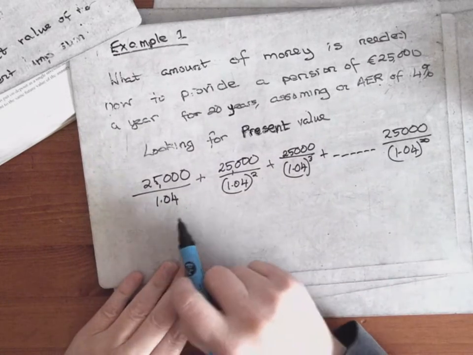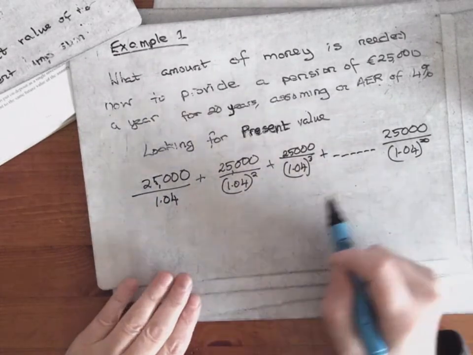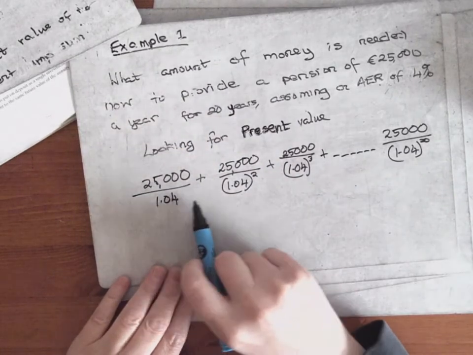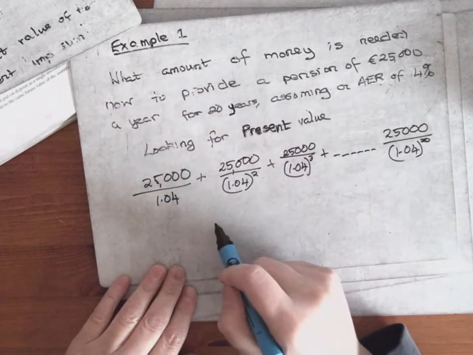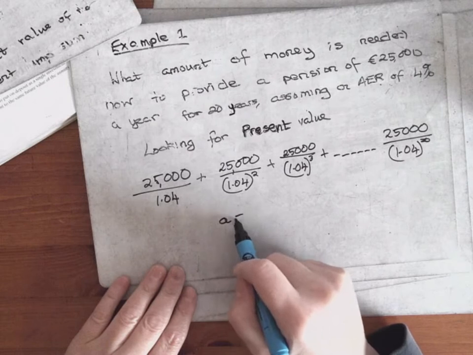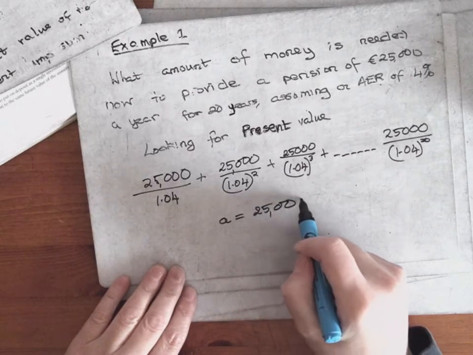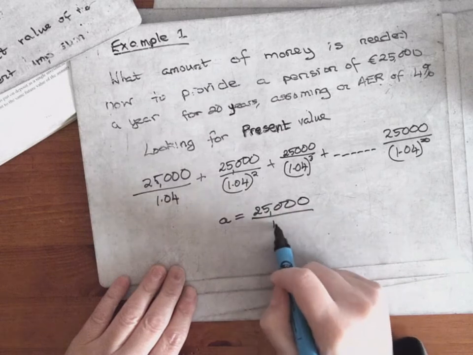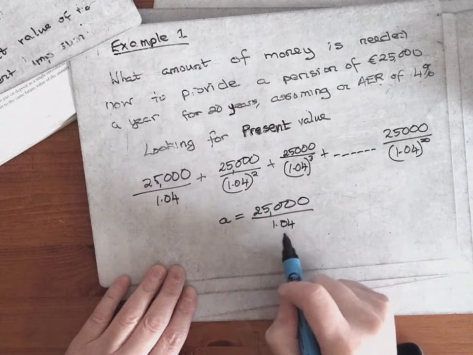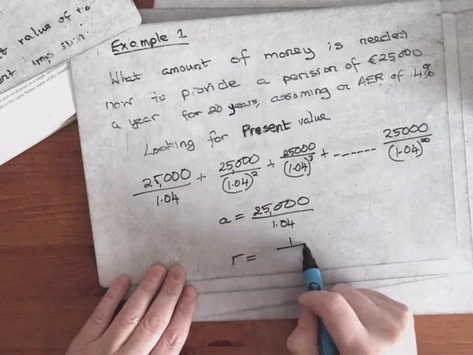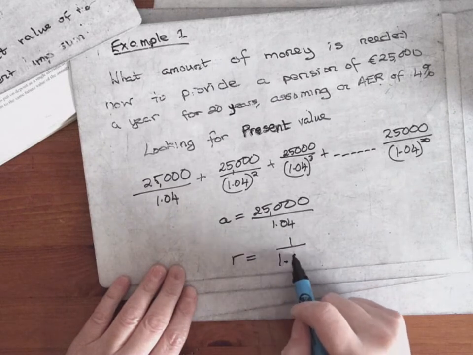Now this is a geometric series written forwards, because it's starting with the smallest up to the biggest. A is the first term, which is 25,000 over 1.04. And R is what I'm multiplying by. This time I'm multiplying by 1 over 1.04.